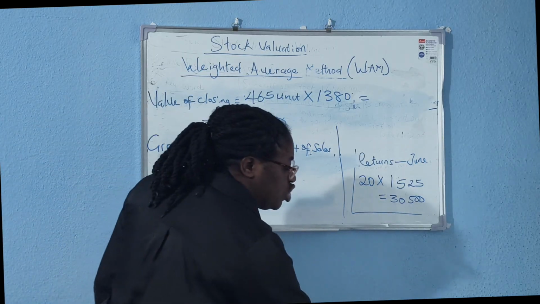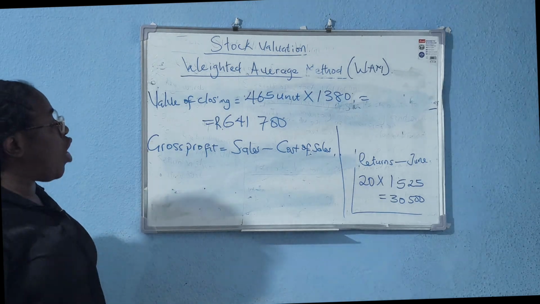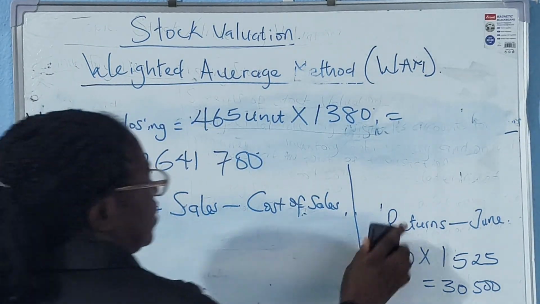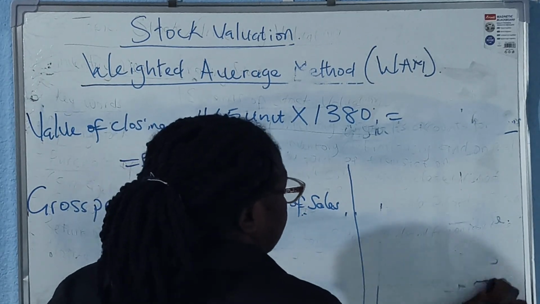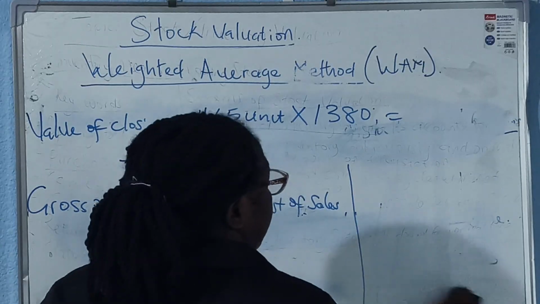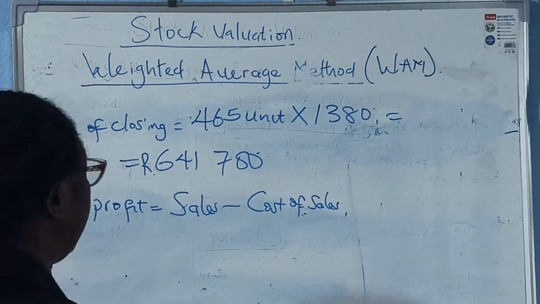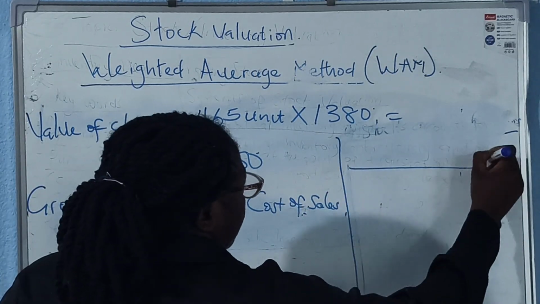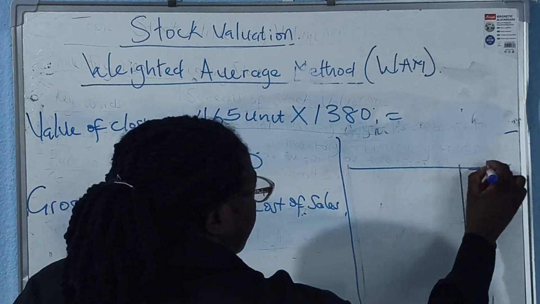So we are still going to use that same system in calculating our cost of sales, because we were told that this business uses the periodic inventory system. So we need to calculate first our cost of sales.